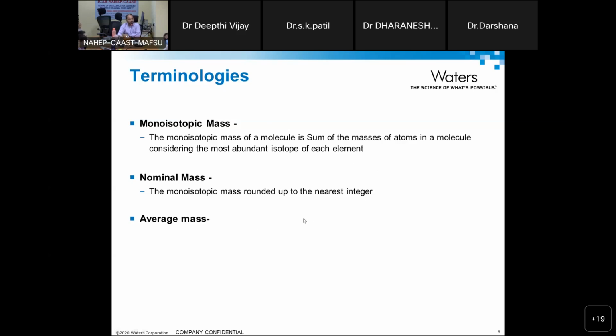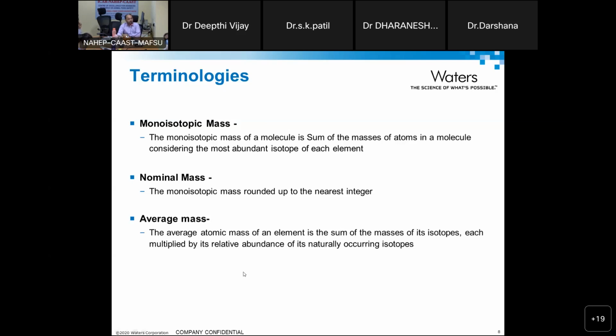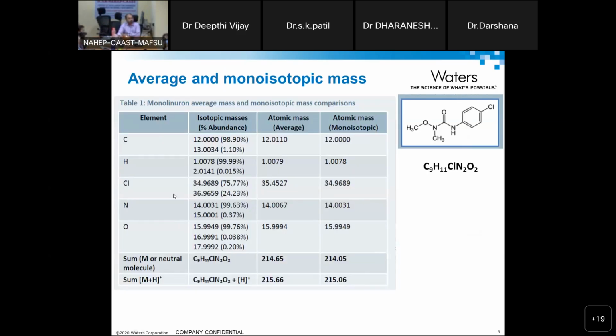Next is average atomic mass. So average atomic mass of an element is the sum of the masses of its isotopes, each multiplied by its relative abundance of its naturally occurring isotopes. Okay. Now I'll just go on to the next slide to show you the calculations. So as you can see, as we all know, chlorine has two isotopes, correct? Chlorine 35 and chlorine 37, out of which chlorine 35 is highly abundant as compared to chlorine 37.